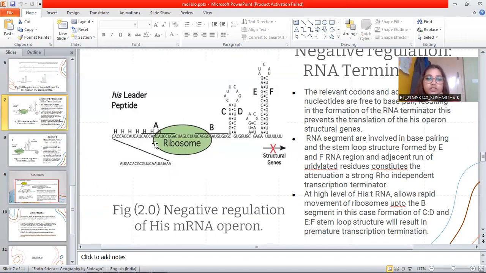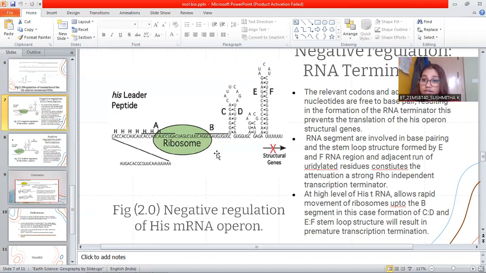So what happens here is the ribosome is very much free to move, because the histidine tRNA is more in number. When histidine is more in number, automatically the histidyl tRNA will also be more in number.